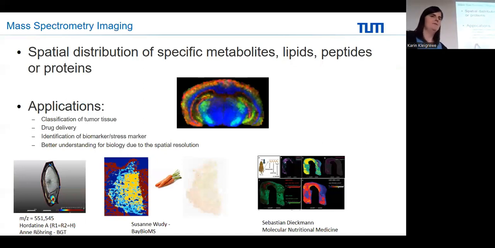So what is the benefit of mass spectrometric imaging? You get a spatial distribution of specific metabolites, lipids, peptides, or proteins within a tissue. Normally this is done for tissue. For example, what people are trying to do more and more is typing of tumor tissue.